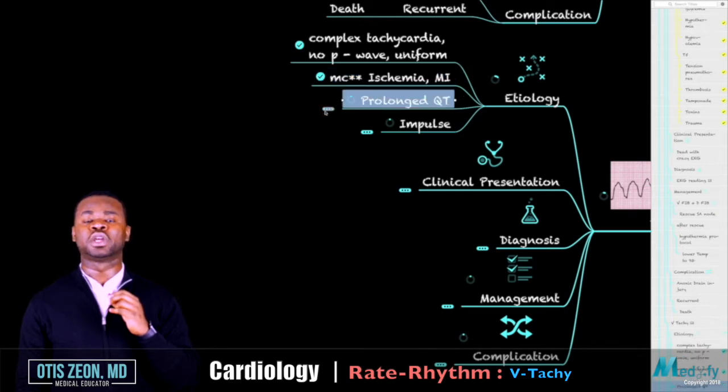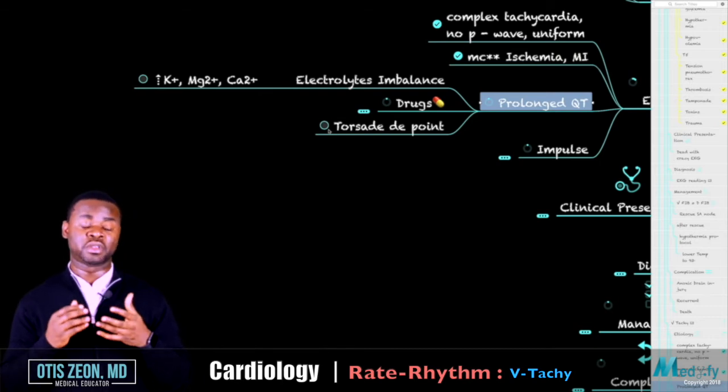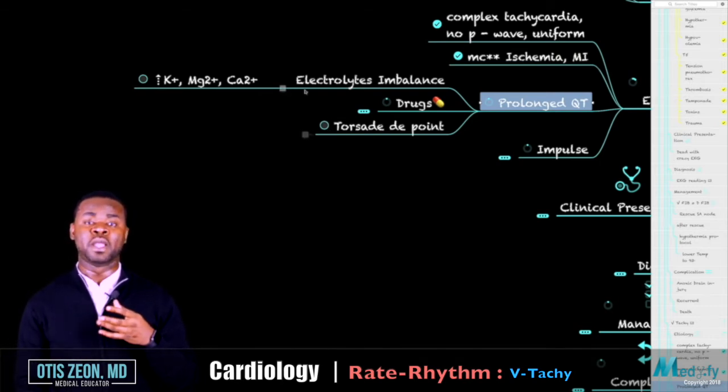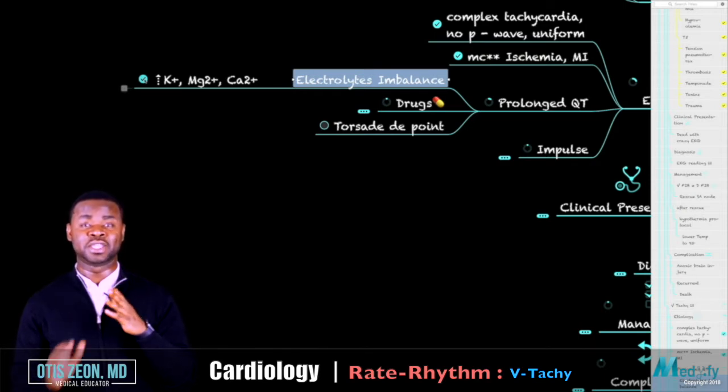Then you have things like prolonged QT syndrome, which we will talk about, and the drugs you need to memorize, a handful of them that cause prolonged QT syndrome. First, let's talk about electrolytes' effect on the prolonged QT syndrome. Hyperkalemia, hypomagnesemia, and hypocalcemia may affect the QT.